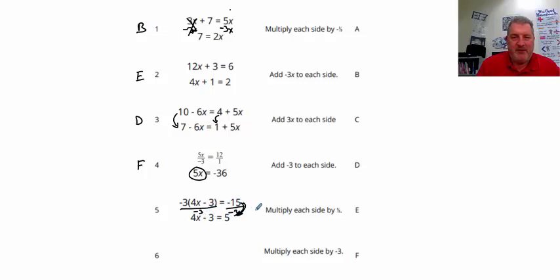Dividing by -3 is the same thing as multiplying by -1/3. So we're looking for one of those operations, either multiplying by -1/3 or dividing by -3. And we do have a multiply by -1/3. So number 5 is A.